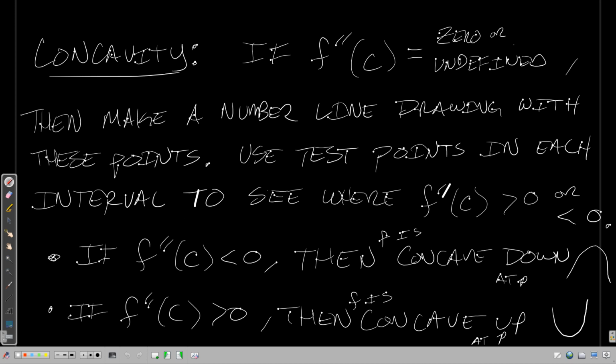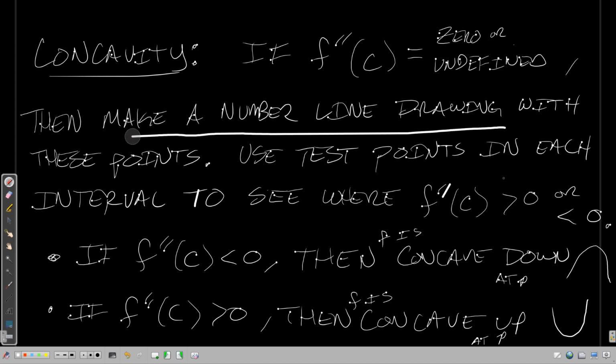Concavity. That has to do with the second derivative. To determine the concavity, you take the second derivative and you see where it's zero or undefined. Then these values of C are just the critical values of f prime.